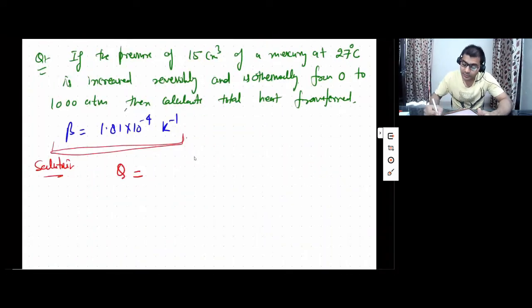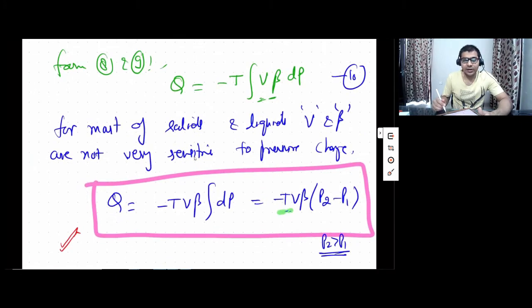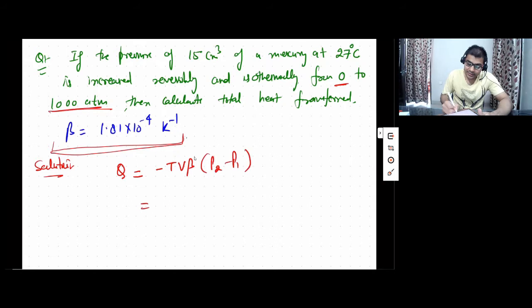Because the pressure is being changed from 0 to 1000 atmospheric pressure, P2 is greater than P1, so Q is negative, which means the total heat will be taken out of this mercury in this process. So let's calculate that. Q is equal to minus T V beta (P2 minus P1). Here T is 27 degrees centigrade, which means 300 Kelvin, and the volume is 15 cubic centimeters.